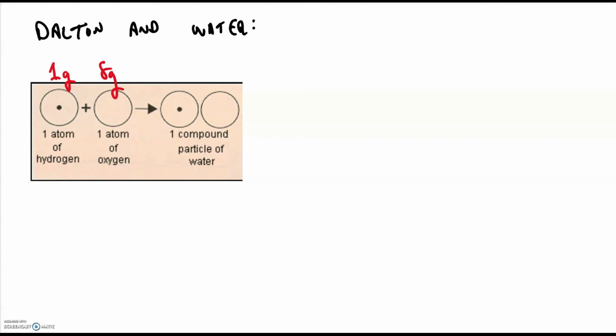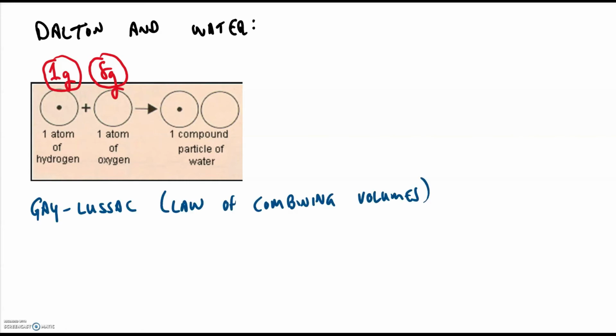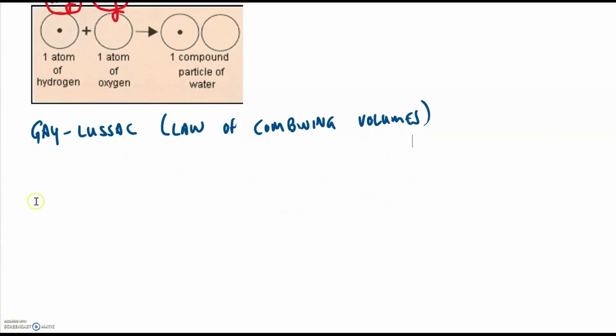And so he just arbitrarily assigned a mass of 1 to the hydrogen atom and a mass of 8 to the oxygen atom. They did not know anything about atomic masses at this time. They just knew that oxygen was bigger. And then we run into this guy, Gay-Lussac, and his law of combining volumes, which looks like this.